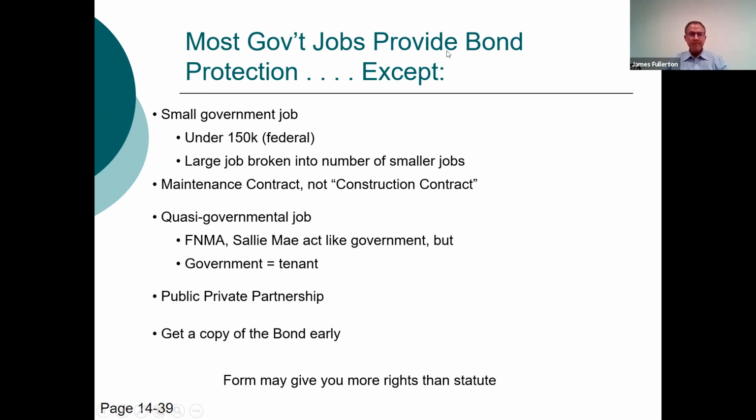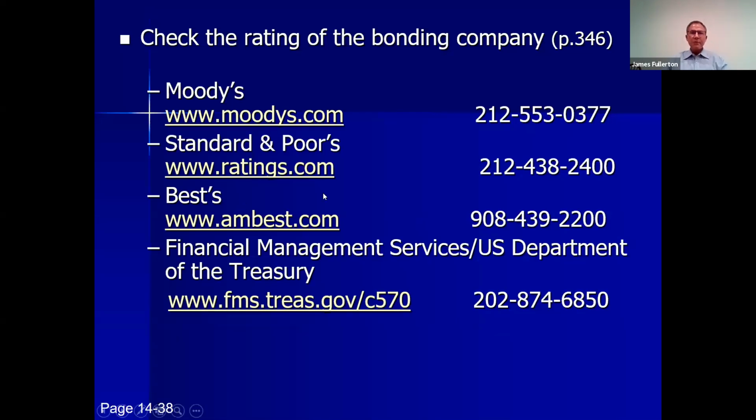Okay, so there are a number of free places you can check the rating of the bonding company. These are all on page 346 of the book, or page 14-38. It's the same page. You've probably heard of Moody's, Standard & Poor's, Best Company. They all have websites.